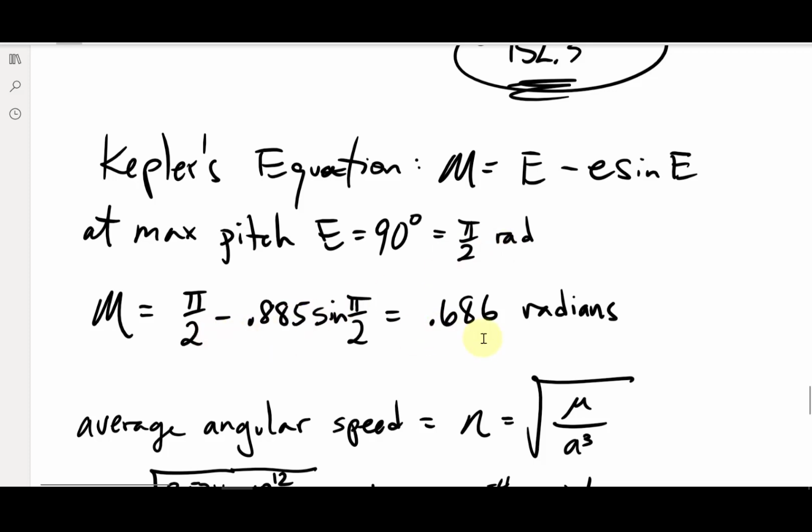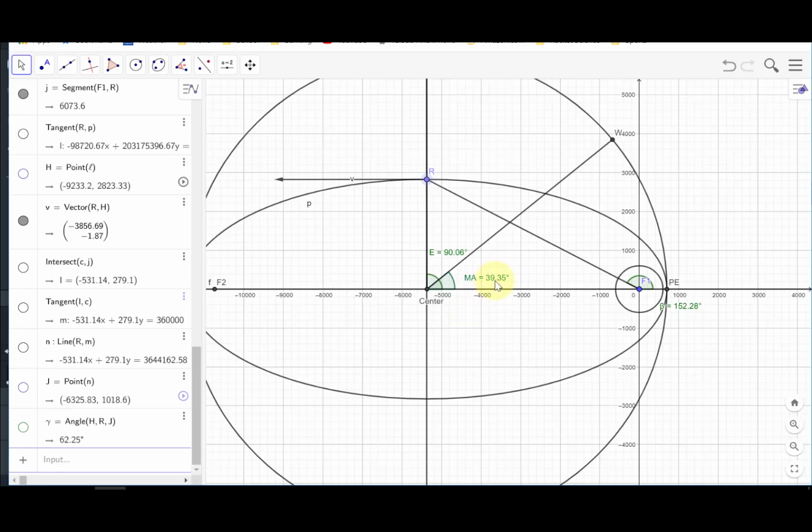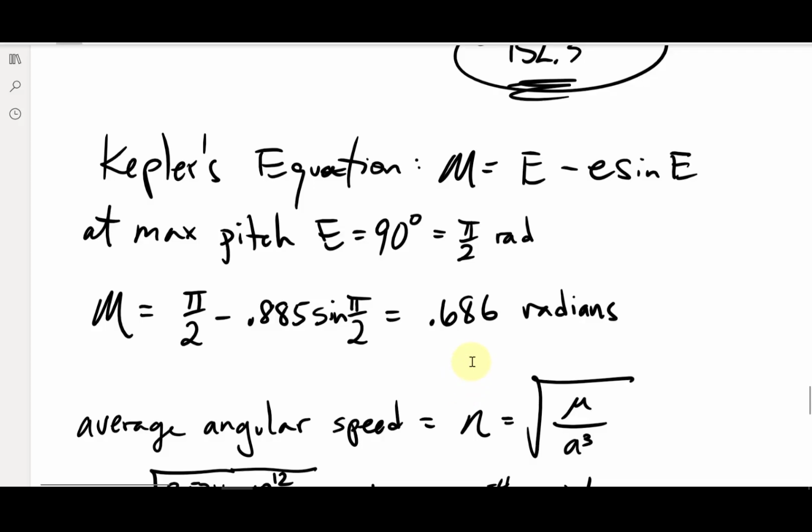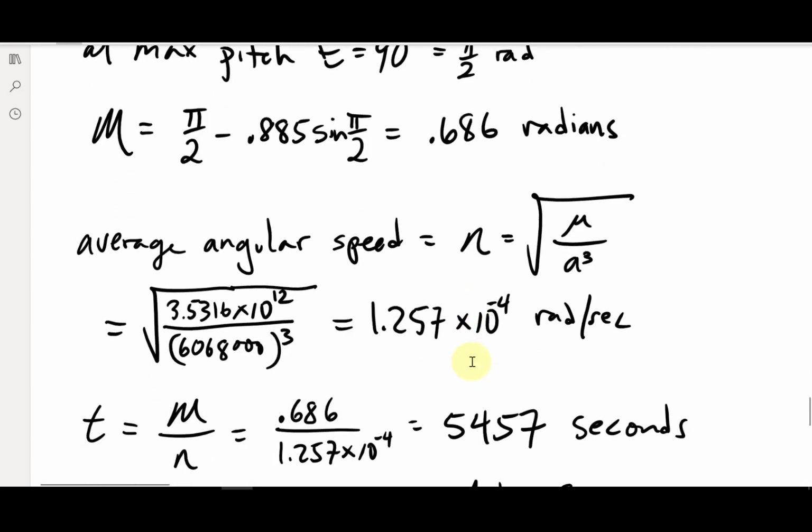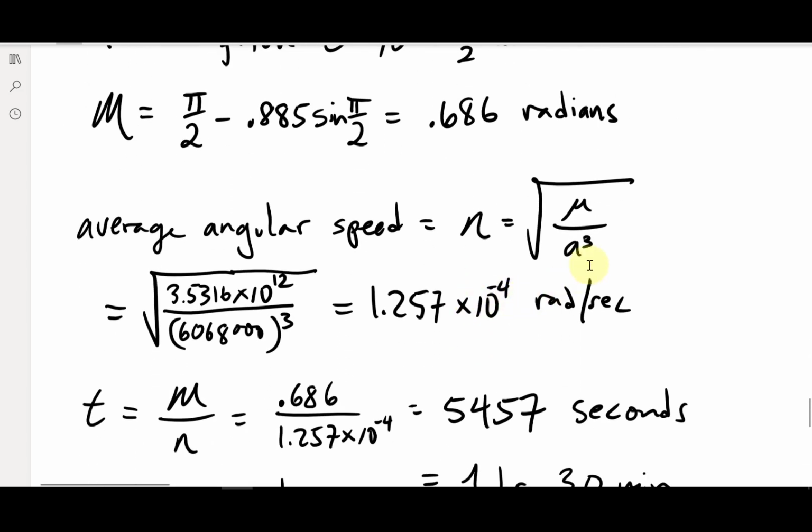Actually, I could also see the mean anomaly in my graph. It's about 39.4 degrees. But I need it in radians here because what I want to do is compute the average angular speed based on the gravitational parameter and the semi-major axis. And with the average angular speed and the mean anomaly, dividing those, it tells me how long it takes until I reach that point in the orbit.